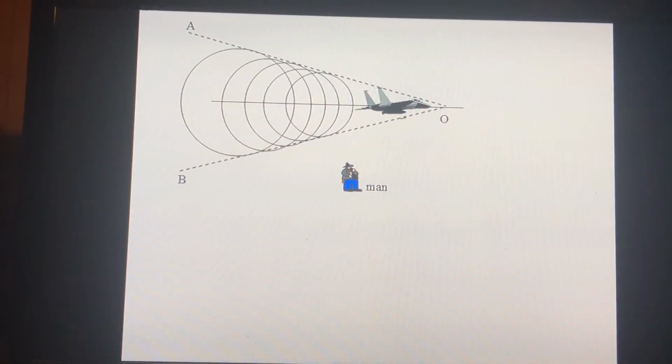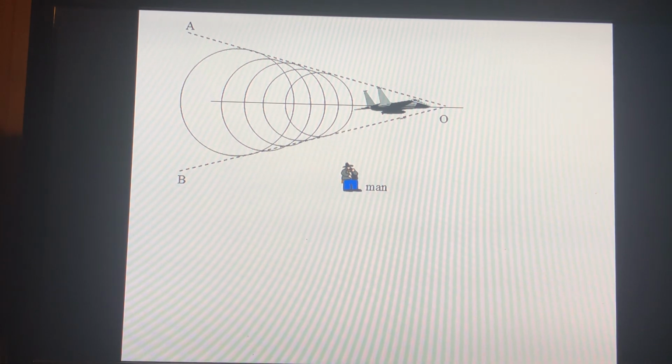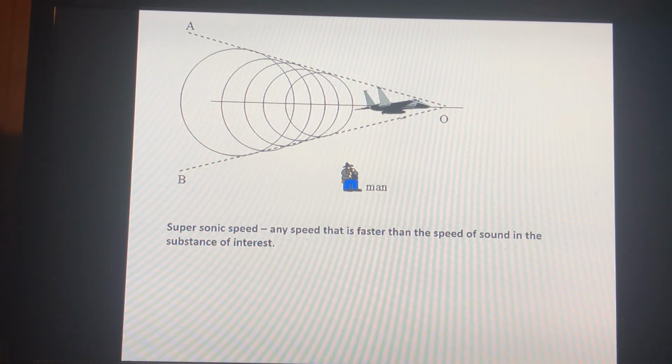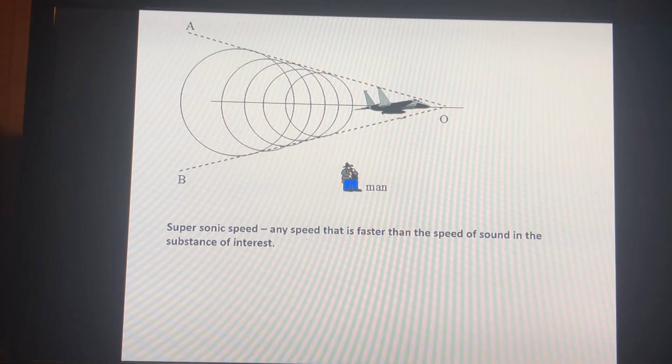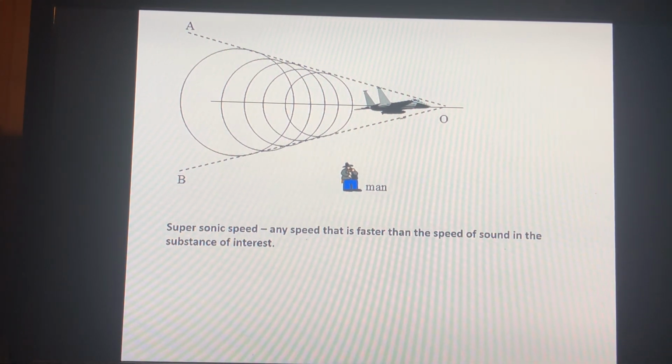So the last part of the chapter this week was a discussion about supersonic speed. So supersonic speed is any speed that is faster than the speed of sound in the substance of interest. And by the substance of interest, that means the substance that the thing going faster than sound is passing through.